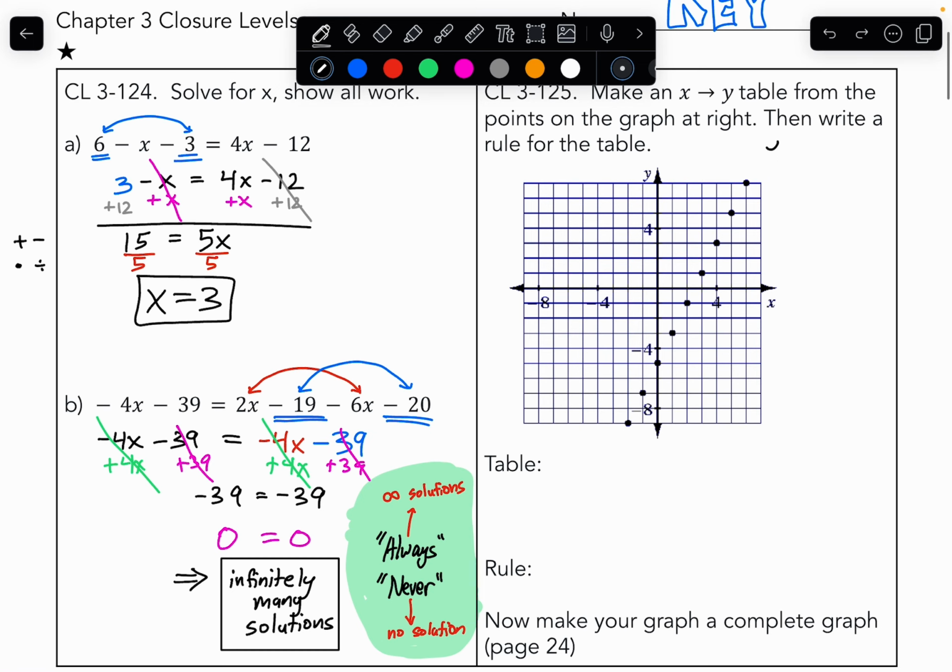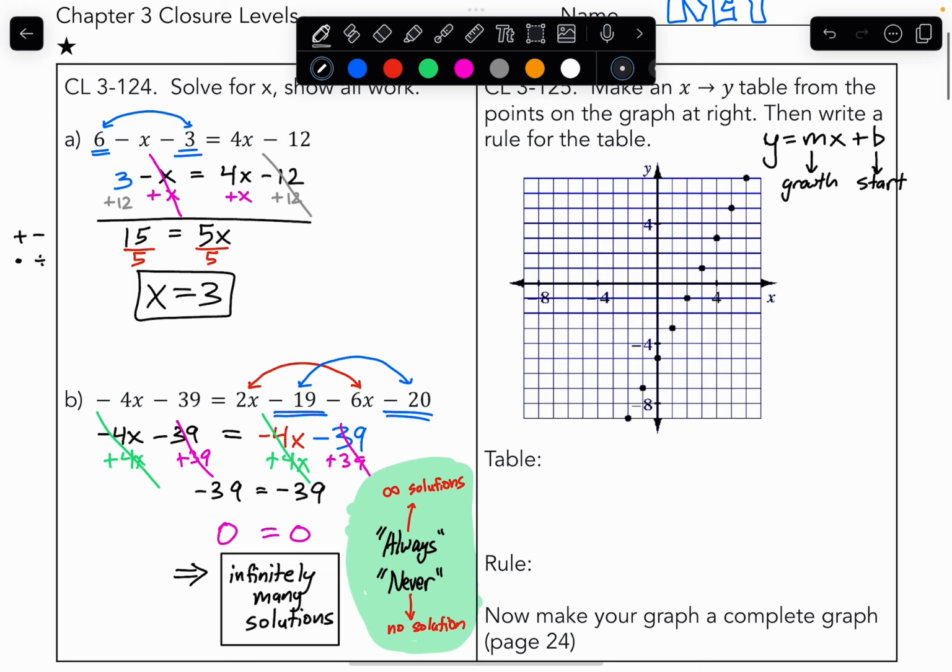The rule is going to be y equals mx plus b, where m, we're going to keep it simple, m is the growth, and b is the start. Okay, we can go into more detail, but for right now, that's pretty much the two things you need to know: you need to have two things for your equation, your rule.